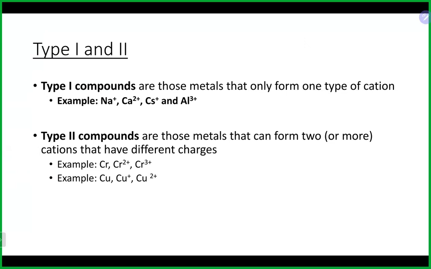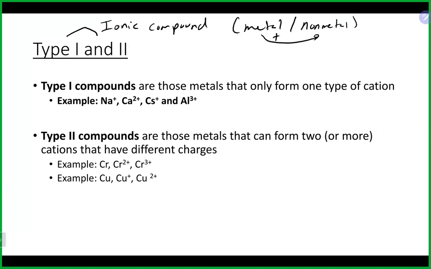Now, when we talk about ionic compounds, it's sort of broken up into a couple of categories, and both of these, type 1 and type 2, are ionic compounds. So again, as I mentioned a second ago, when we see ionic, we jump right into, I've got a metal and a non-metal involved. And because of that, I should be thinking in my head, we're going to get a transfer of electrons from the metal to the non-metal.